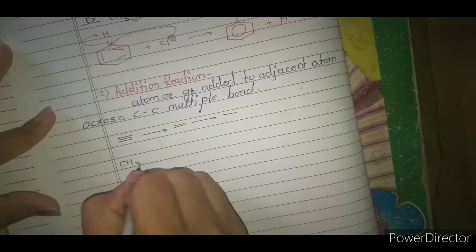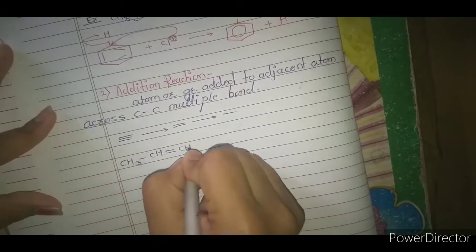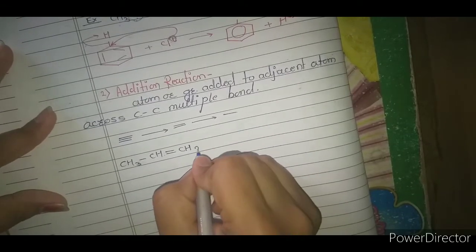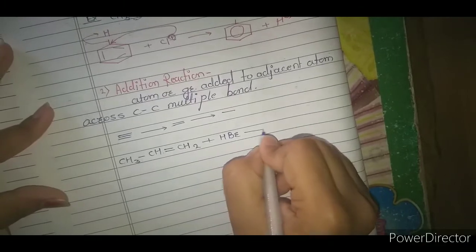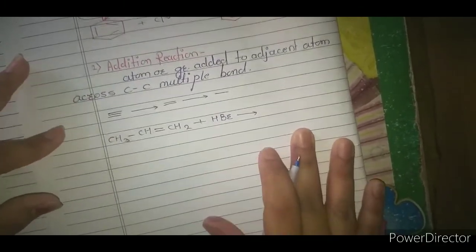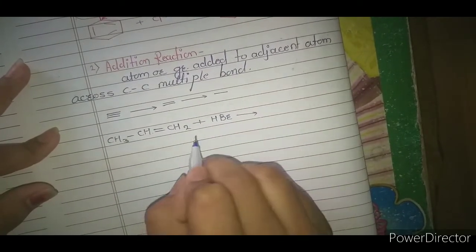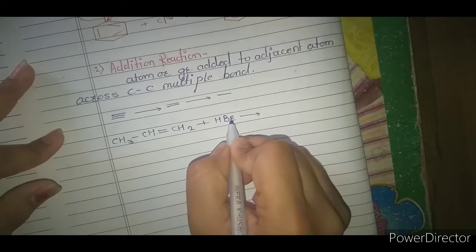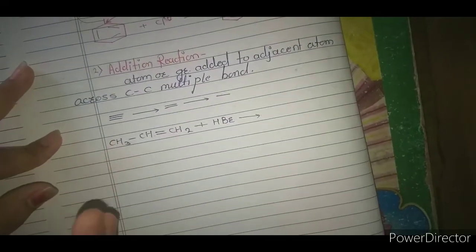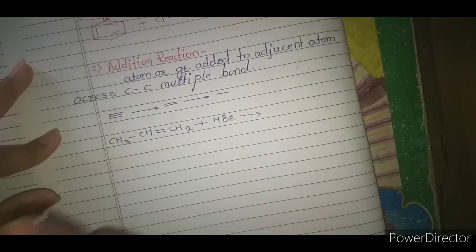Okay. So take an example of addition reaction. So this is an example of addition reaction. Okay. So in this case, what happened? The nucleophile attacks or attaches to the carbon that contains fewer hydrogen atoms.